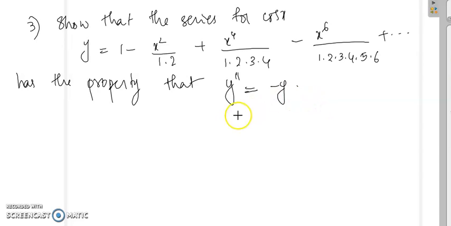You are given y, so find y double dash and show that it has this property. So kindly solve this problem.